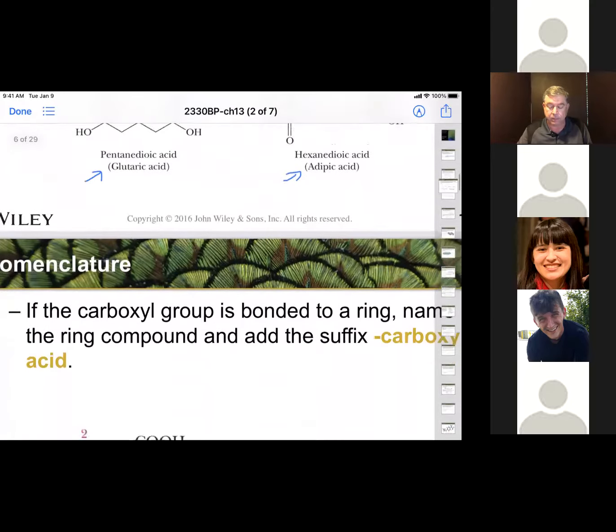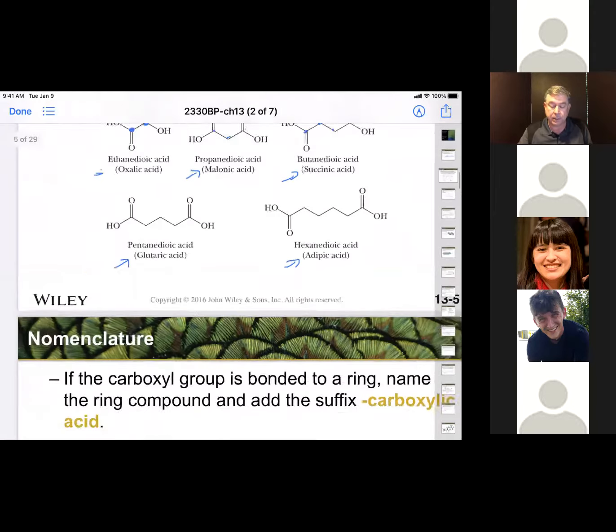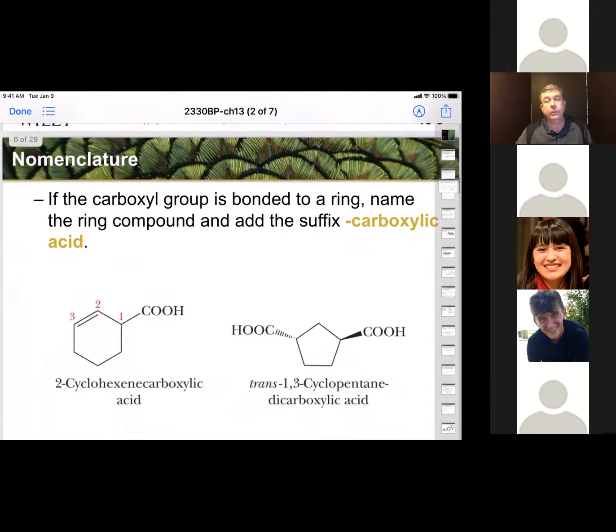And anyway, so that's how we name carboxylic acids and dicarboxylic acids. However, when it comes to a ring, of course, things change a little bit. Just like when we had a ring with an aldehyde, it was called carbaldehyde. When we have a ring and a carboxylic acid, it's the cyclo ring and then carboxylic acid. Okay, because it can't be in the chain, it can only be appendant to the chain.